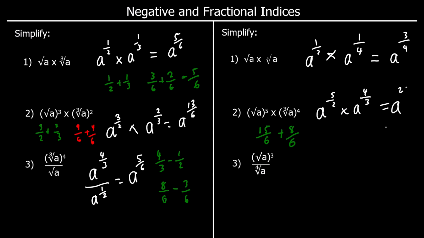A to the power of 23/6. Question 3, we've got a to the power of 3/2 over a to the power of a quarter. So we've got 6/4 take away 1/4, that would be 5/4.